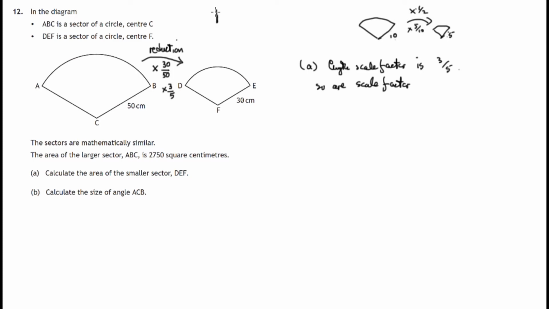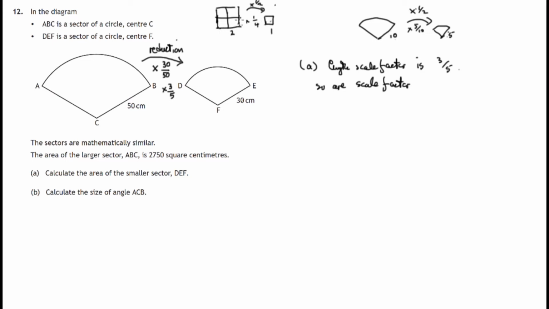So if we had, for instance, a reduction from lengths 2 to lengths 1, that's a scale factor for lengths of 1/2. For the areas, we've gone from an area of 4 down to an area of 1. That's a scale factor of 1/4. We're taking 1/2 times 1/2.